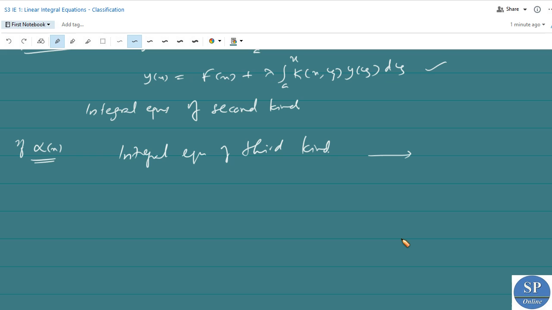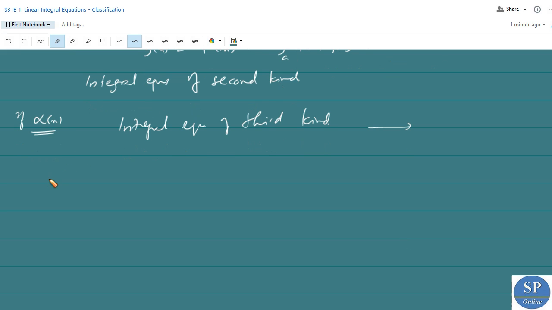For example, suppose we have an integral equation of third kind, that is alpha of x into y of x is equal to f of x plus lambda into integral a to b k of x zeta y zeta d zeta. If alpha of x is a prescribed function of x, then this is an equation of third kind.